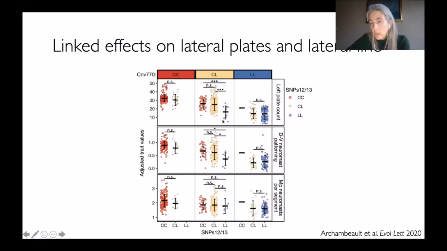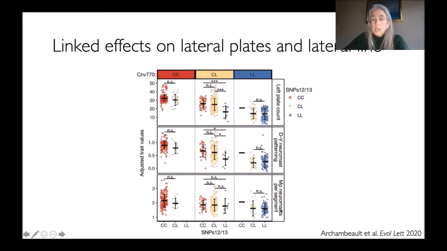So there seems to be a linked mutation that modifies the effect of this mutation at the CMV 770. And we also see this for the dorsal-ventral neuromast patterning. We don't see it for the neuromast number.